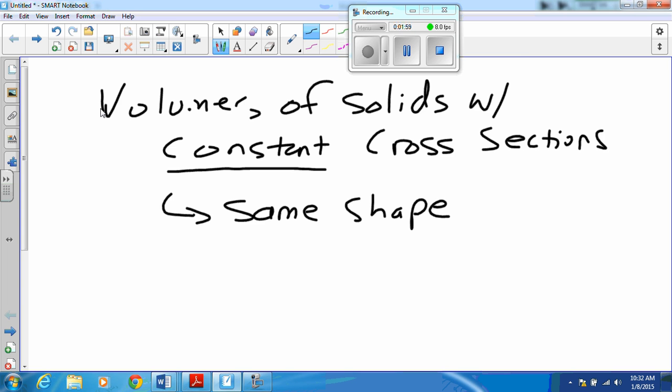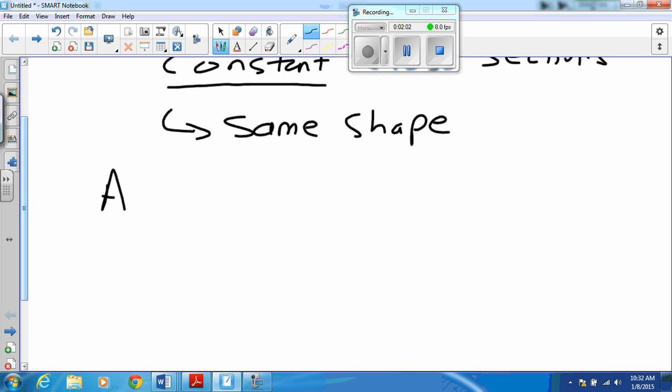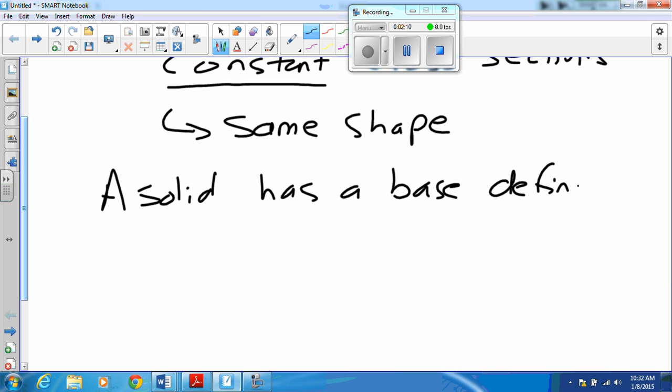And a problem is usually posed in this manner. A solid has a base defined by the region y equals 4 and y equals x squared.